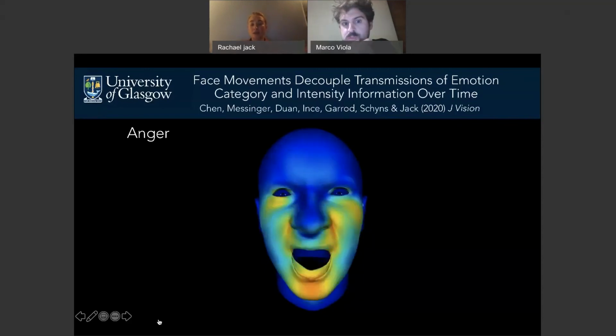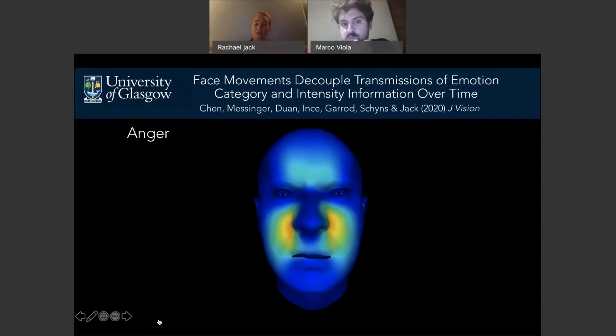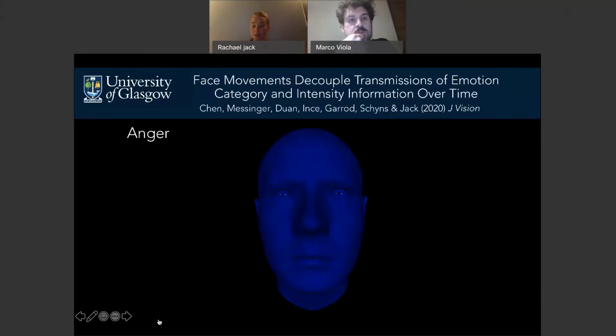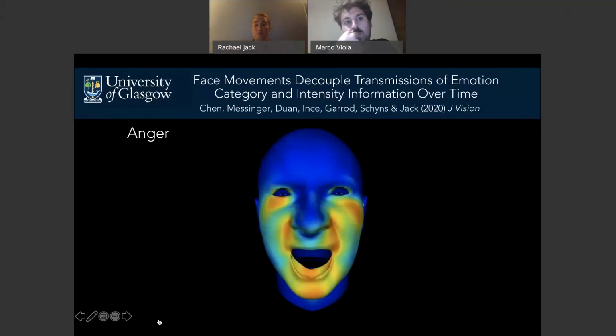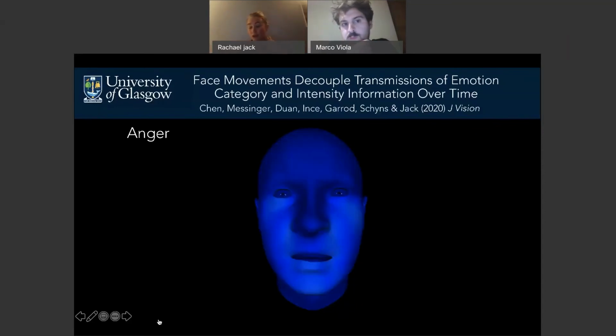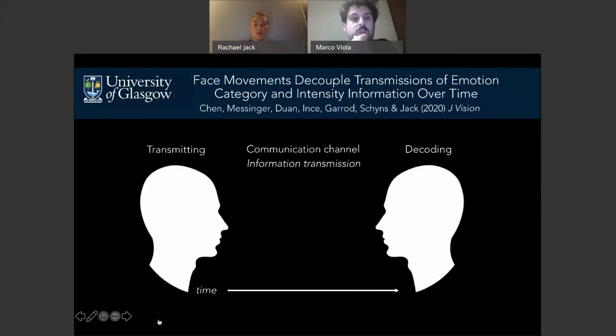So again, we have a clear temporal segmentation of this information that transmits different types of information in a different way. We did also find this temporally segmented pattern in both cultures. So we know that this is a common pattern across cultures. So this means that we can use this method to understand how different action units are transmitted over time, but also what information those different action units are transmitting to the participant.